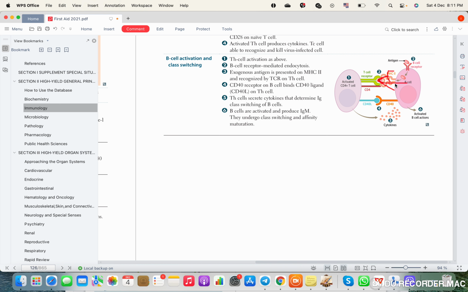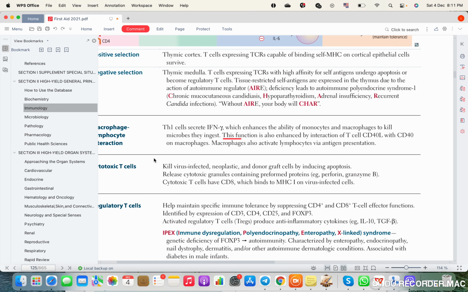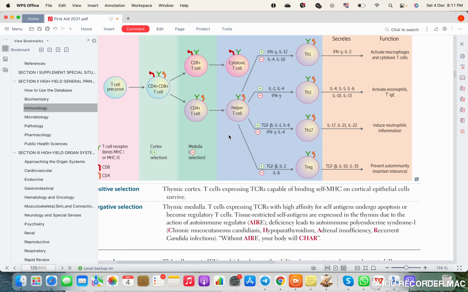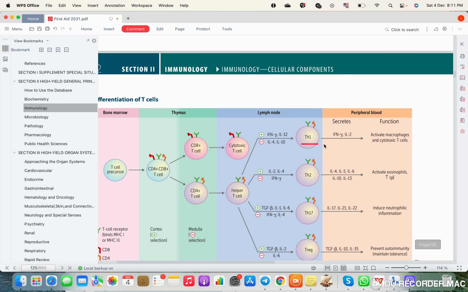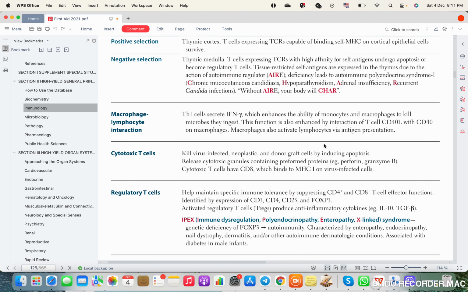See, the MHC class 2 on the antigen presenting cell, which is the B cell, is binding to the T cell receptor. Also, it can bind to whom? The macrophage. And that can lead to its activation. Also, we had another mechanism, which was the secretion of interferon gamma by the T helper 1 cells, which used to do the cellular stuff, yeah?